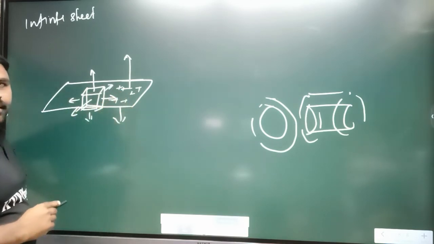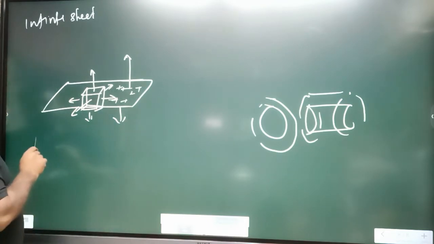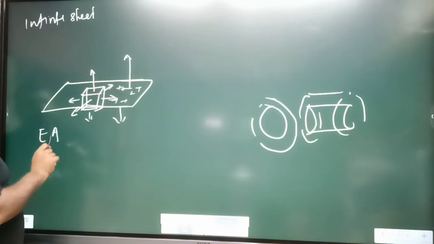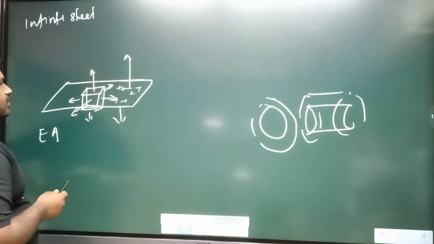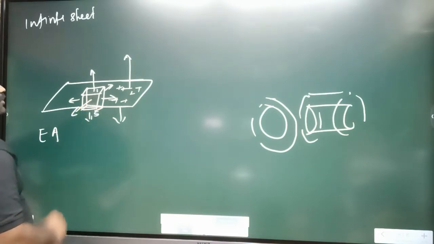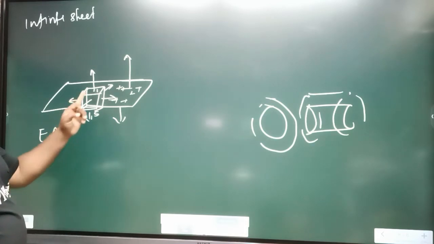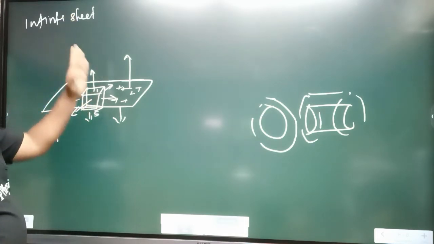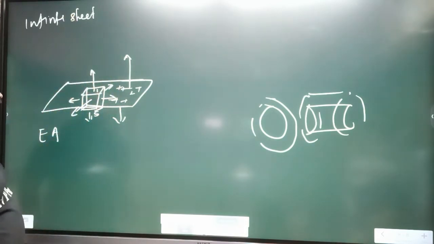Total how many areas are we getting? 6 areas, yes or no? Suppose you can say this one is the first, this one is the fifth. For the first one, area vector is this one, electric field is this one. Angle between them.